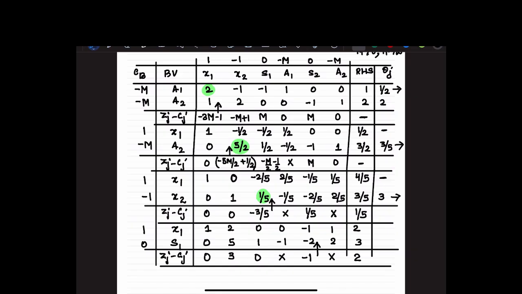But now there is a problem. The problem is this variable, this column, the entering column is having all negative values. So this ratio will not be taken.